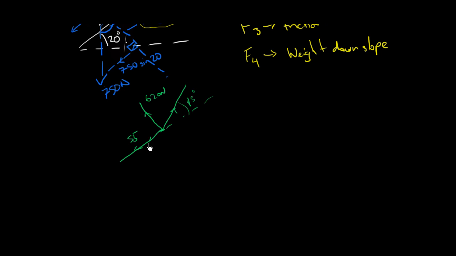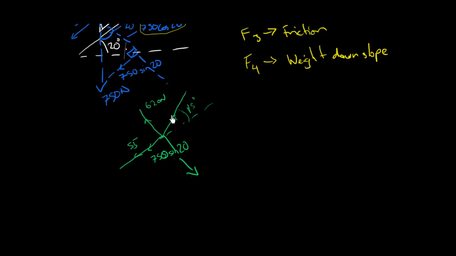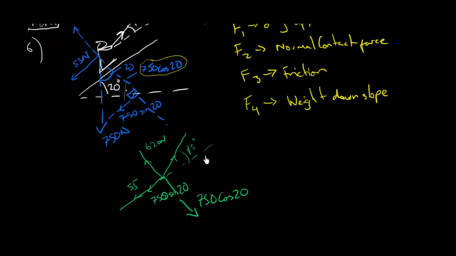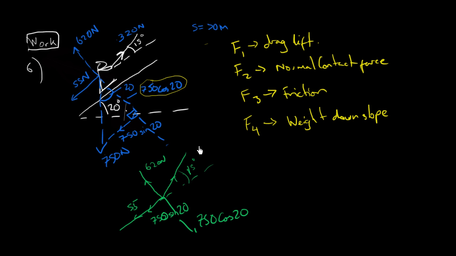Then there's also along this direction the component of the weight, which is 750 sine 20. And then into the slope there is the 750 cos 20. Okay, and I think that's all of them. Let me see. And this one has a size of 320 newtons.